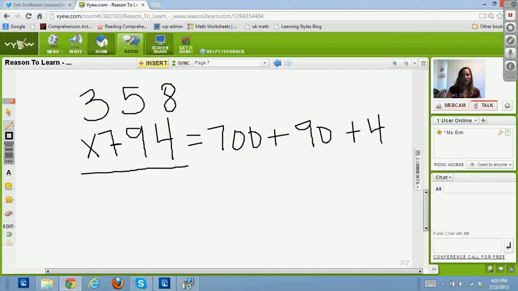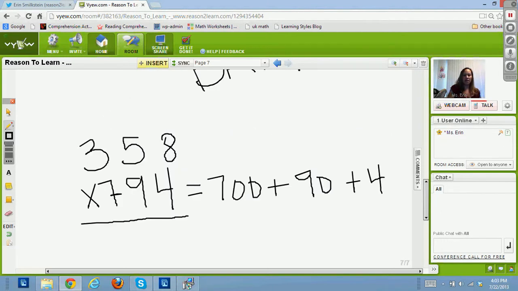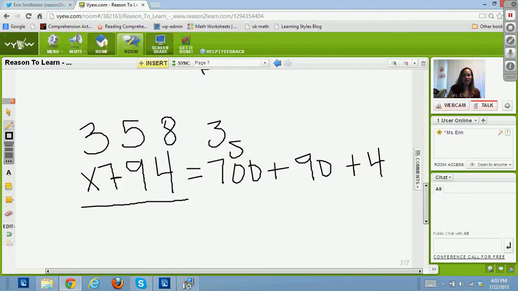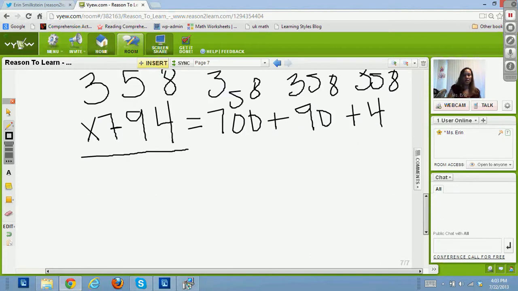So really what we are going to do is 358 times 700, 358 times 90, and 358 times 4. But wait, it gets simpler. So let's move down. So we're going to set up our 358 times 4.